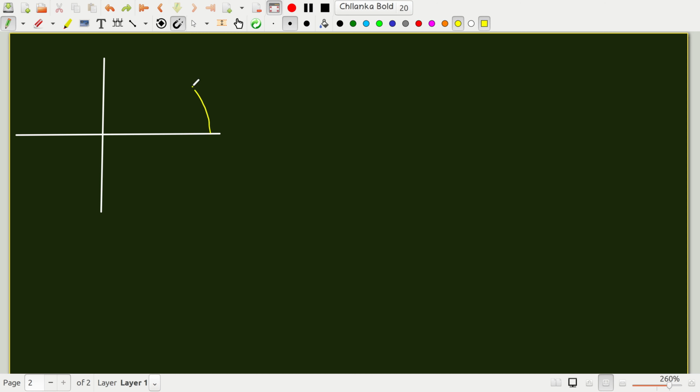Suppose I have a contour like this, a semicircle going from plus r to minus r in a counterclockwise sense. Again, we showed that the integral of dz by z over this contour, let's call it C2, is pi i.